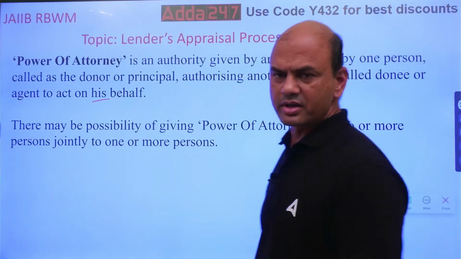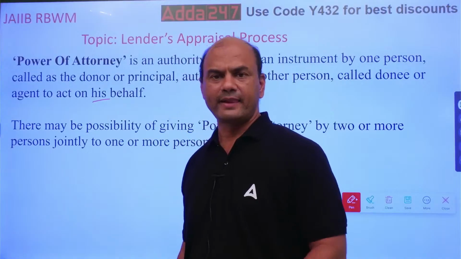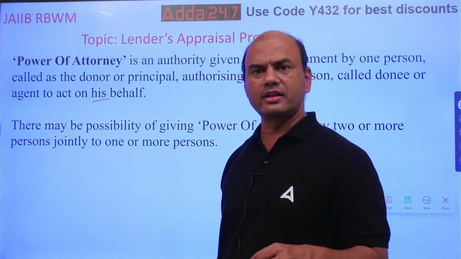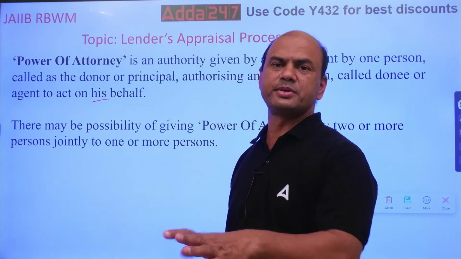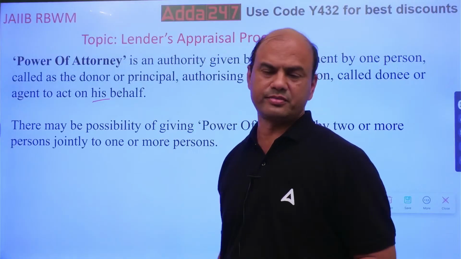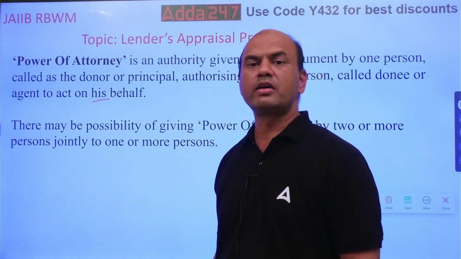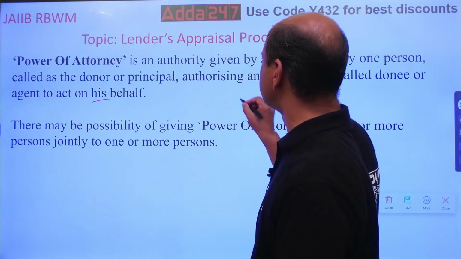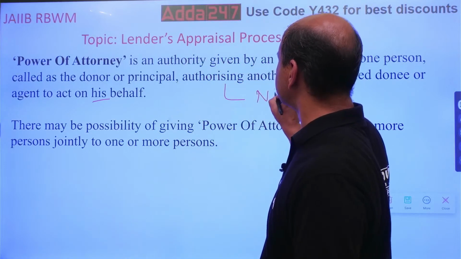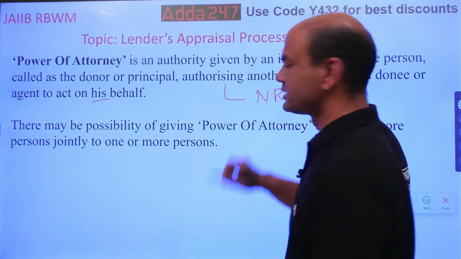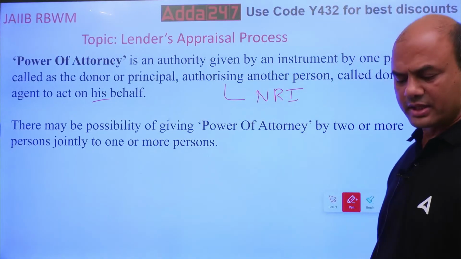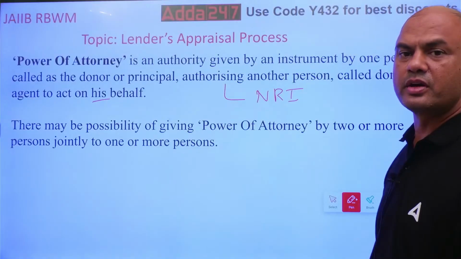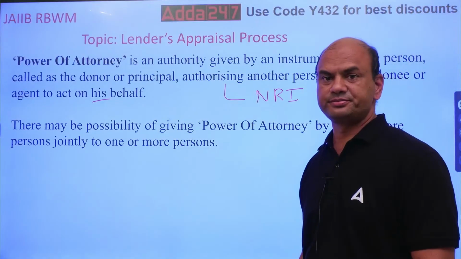I give you the authority. I give it in writing that kindly let this person operate my account, or let this person get a home loan on my behalf. Generally, this is done by NRIs. You will see these cases in NRIs. Many of the NRIs give the power of attorney to their family members.